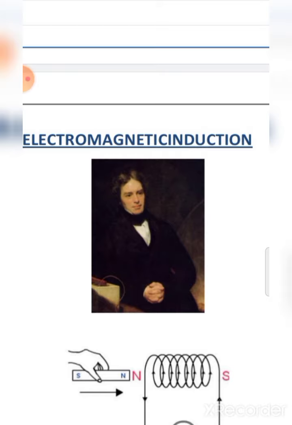Whenever the magnetic flux linked with a closed coil changes, an EMF is induced and hence an electric current flows in the circuit. This current is called induced current and the EMF giving rise to such a current is called induced EMF. This phenomenon is called electromagnetic induction.